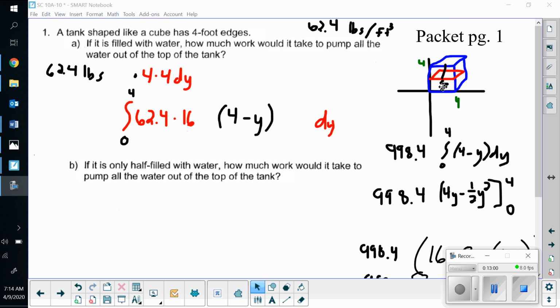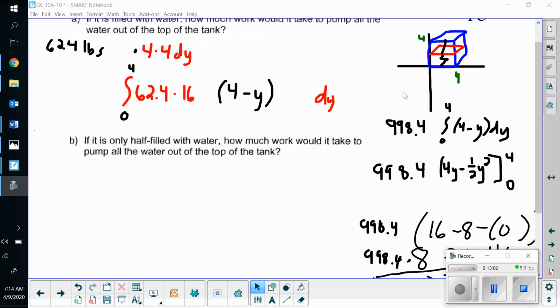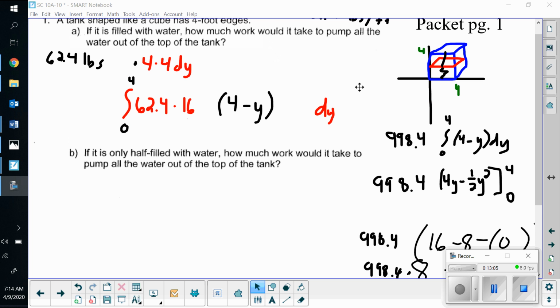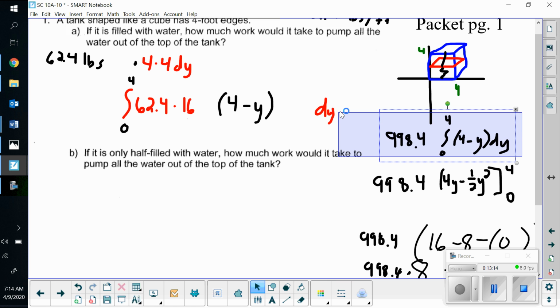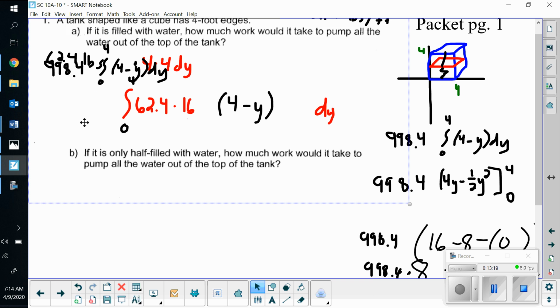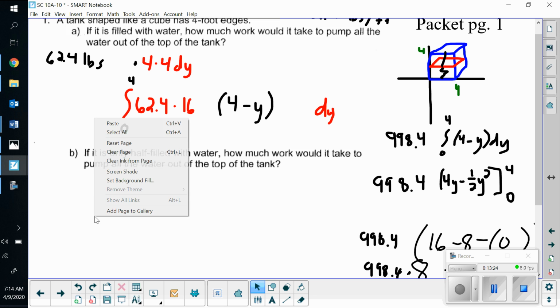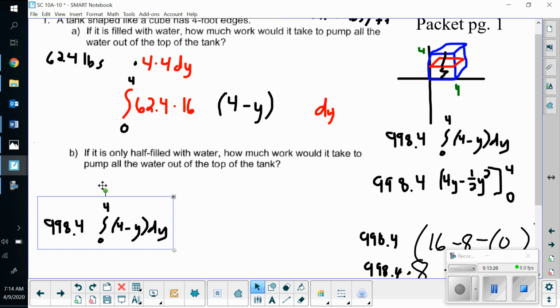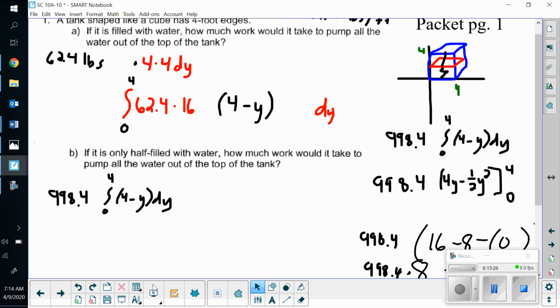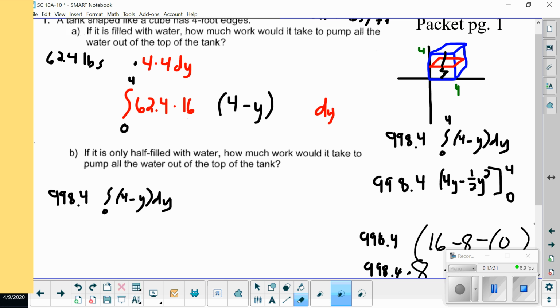If it's only half filled, these slices could only occur at half of the values, not 0 to 4. If it's only half filled, it's the bottom half that's going to be filled. So the only thing that's going to change here is the values on the integral. Now they just go from 0 to 2.